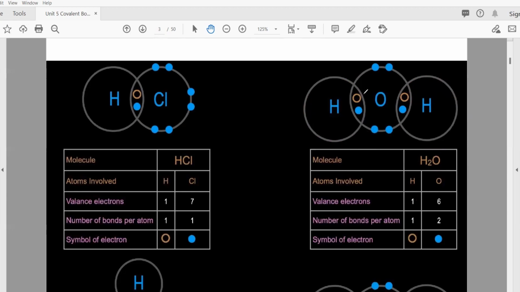Here, hydrogen and oxygen share one electron, and oxygen shares one with the other hydrogen, so this is also known as single covalent bond. But if they share two with the same one, then it is known as double. We'll see an example of that later. So this is another example of covalent bonding.